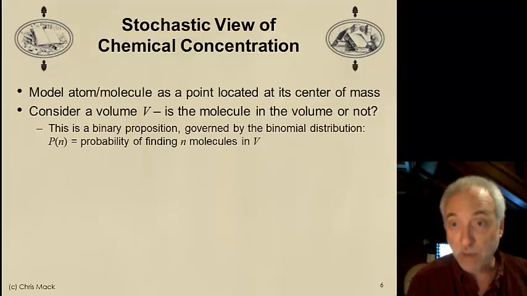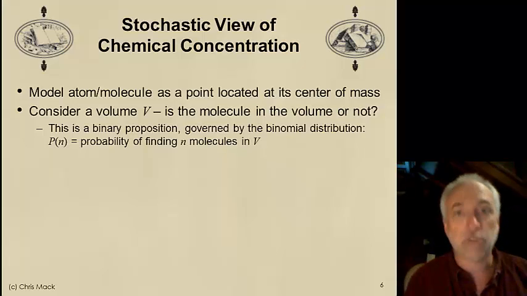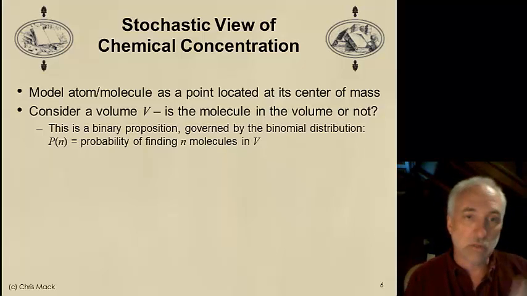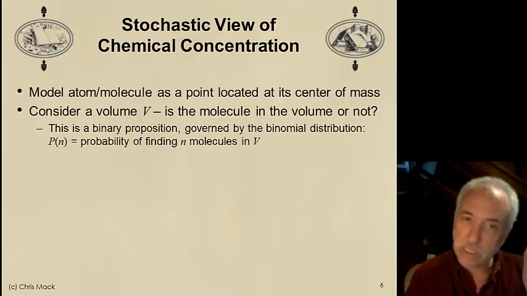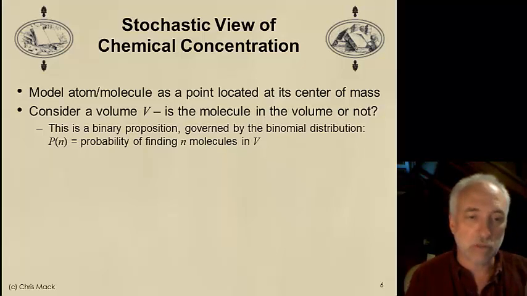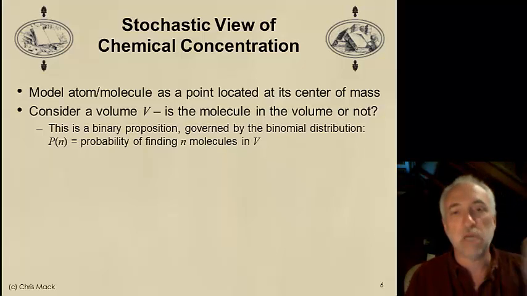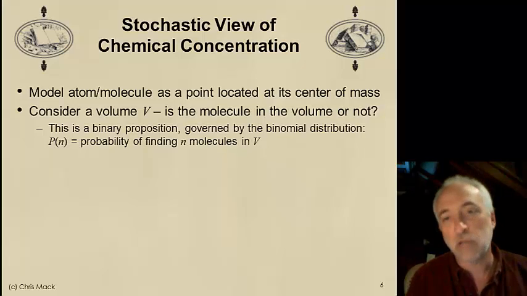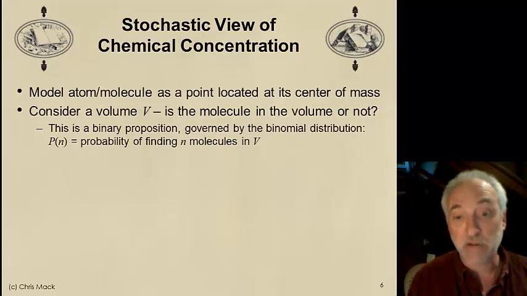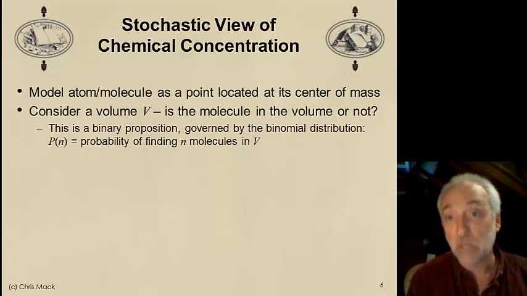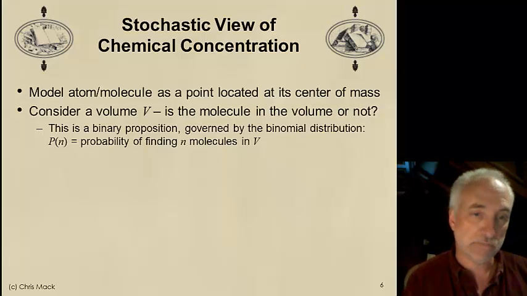If you've studied probability, you'll know that this question that I'm asking, I have a molecule, is it in the volume, yes or no? That's a binary proposition. Every molecule has a binary answer, either in the volume or it's not. Yes or no, 1 or 0. And we can describe a collection of binary random variables with a binomial distribution.